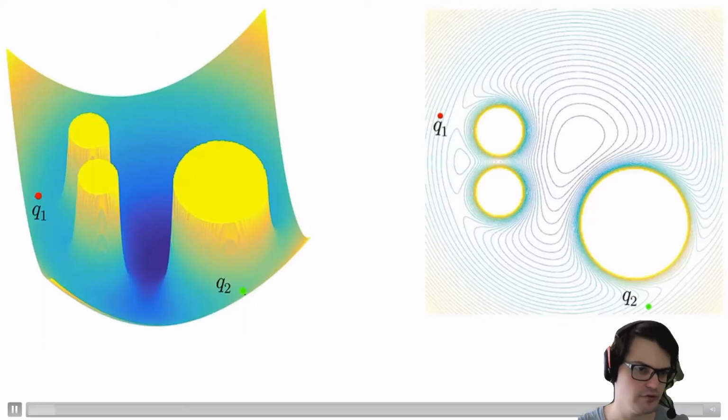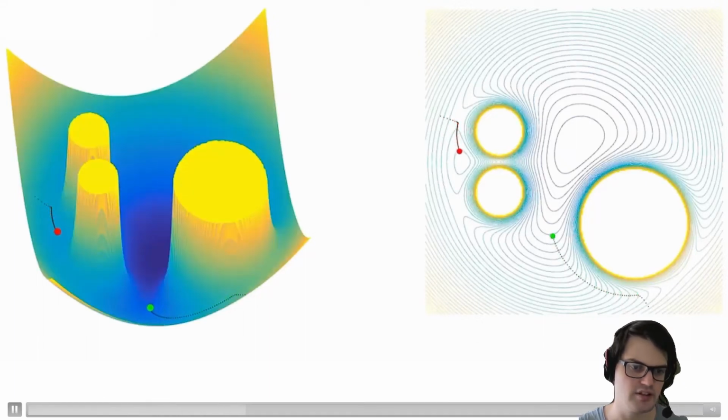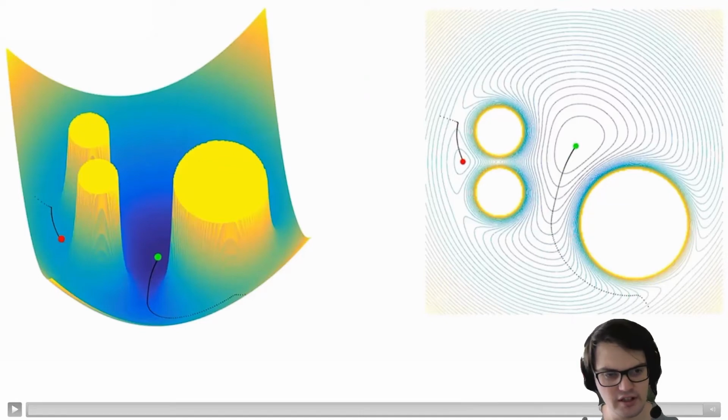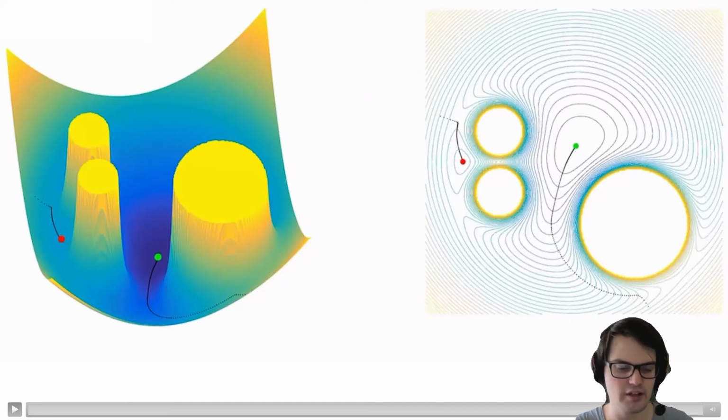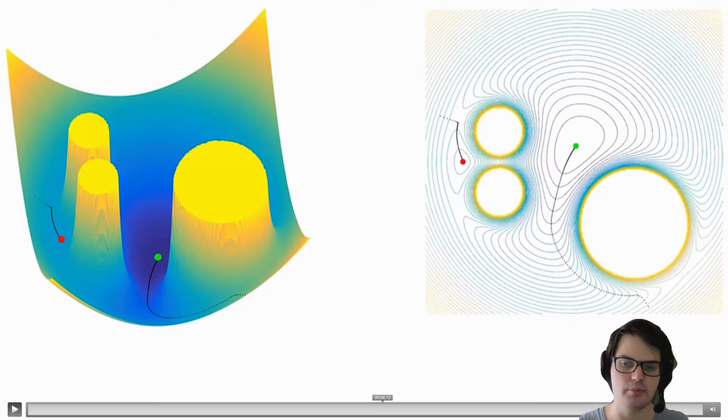From these two different starting points, you can see that the one here gets stuck between the obstacles, and you could use simulated annealing to escape those local minima. So it's also common to use it as an auxiliary tool. But potential fields are usually just used for educational purposes because in practice they have too many problems. So we will look at a pure simulated annealing approach.